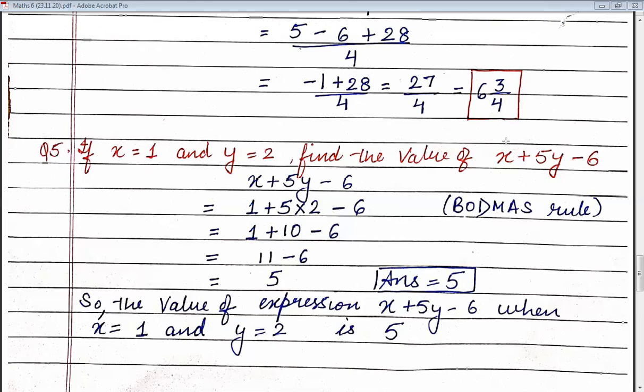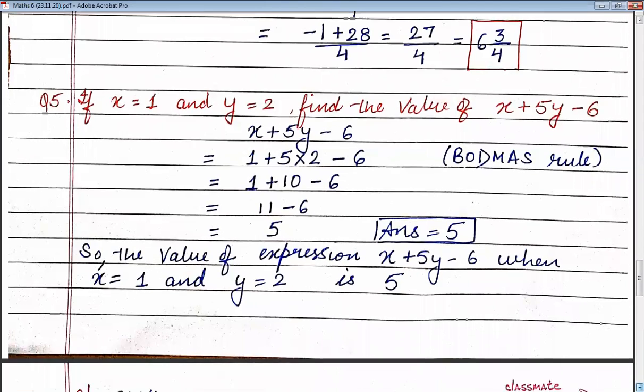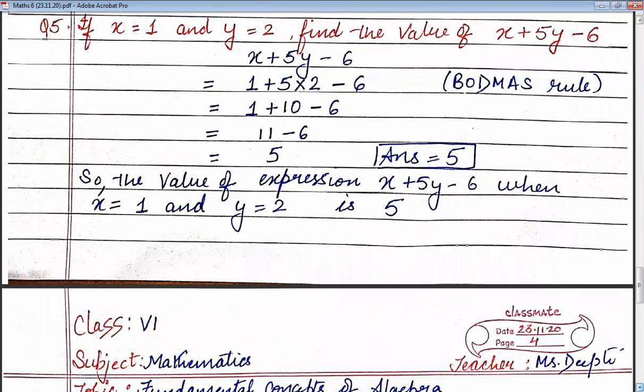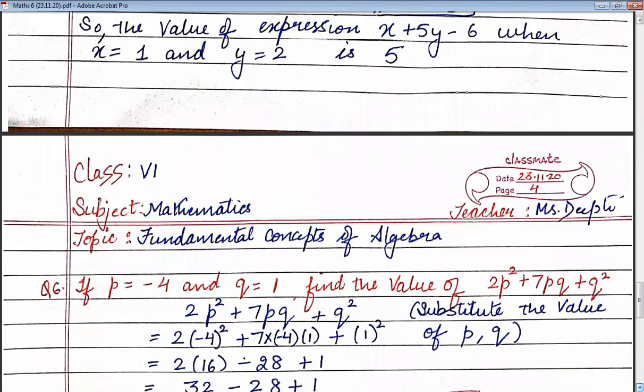So children, the value of x plus 5y minus 6 when x is equal to 1 and y equal to 2 is 5. Okay, so I guess now everyone is clear with the substitution method. We have discussed enough questions to clear the concept of the substitution method. Now let us move on to the next questions.